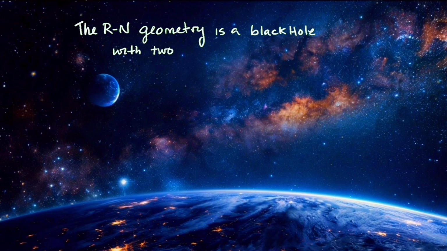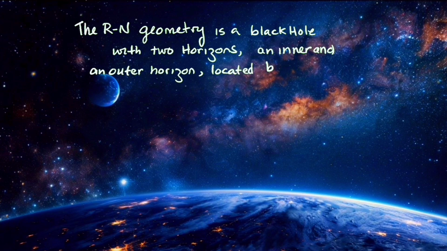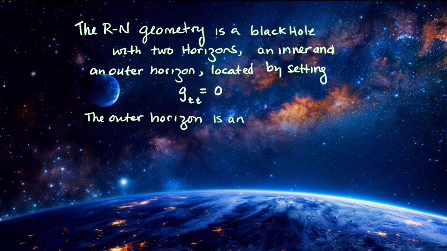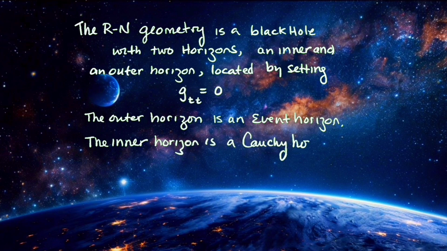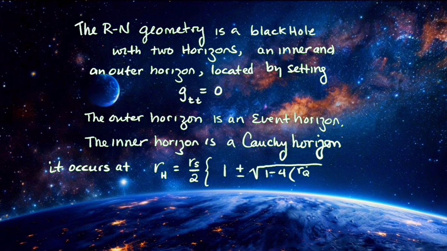The RN geometry is a black hole with two horizons, an inner and an outer horizon, located by setting the time component of the metric tensor equal to 0. The outer horizon is an event horizon, where the inner horizon is a Cauchy horizon, a predictability horizon.